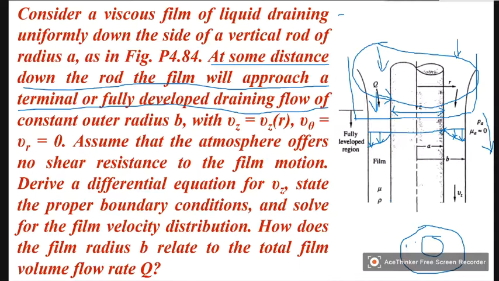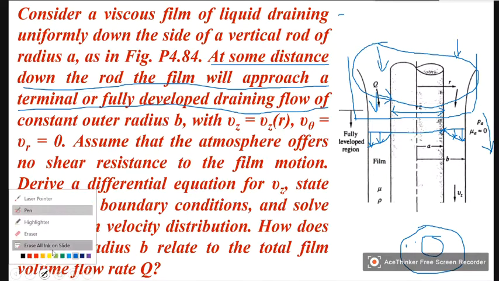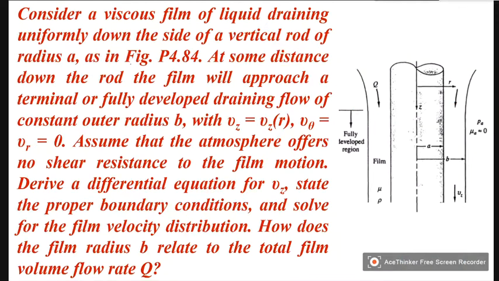So here, I will remove all the ink marks. Now, let us look at this problem once again. The film will approach a terminal velocity of fully developed draining flow of constant outer radius b. See, this is inner radius.